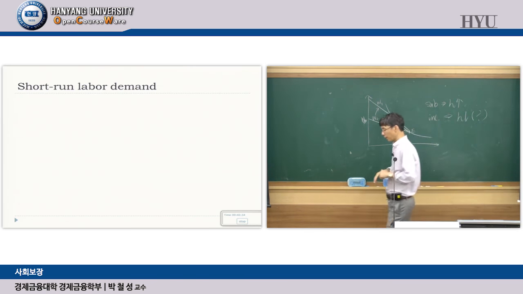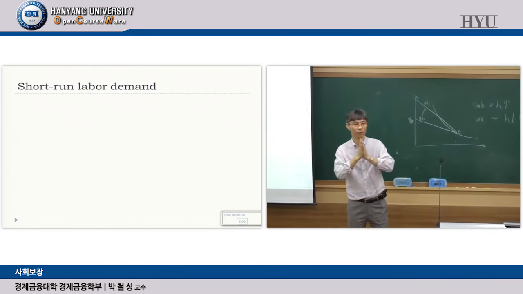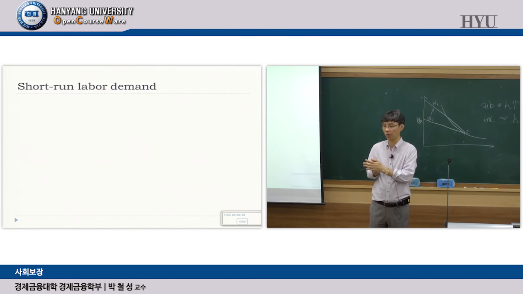And then for labor demand, we should separate short run and long run. What is the short run? Short run is a length of period where the capital input cannot be changed. Firms can change labor input pretty quickly.